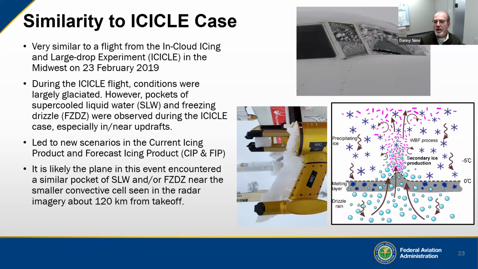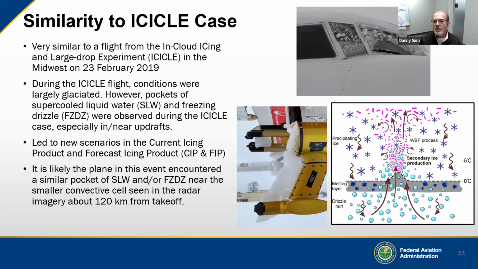They flew their aircraft, working with us, purposely into icing conditions in order to collect data. The aircraft was outfitted with multiple sensors to measure the environment, the moisture in the environment, whether it was liquid or ice, particle sizes, updrafts, downdrafts, etc.